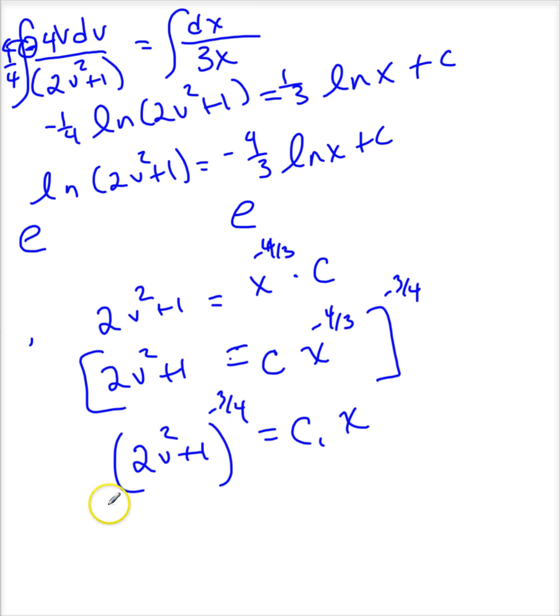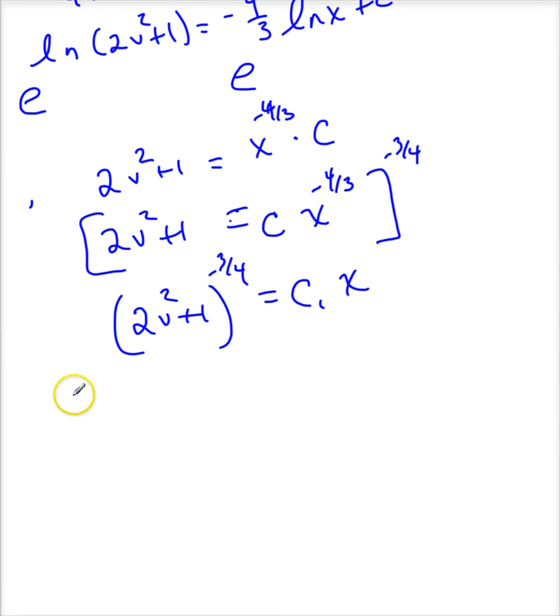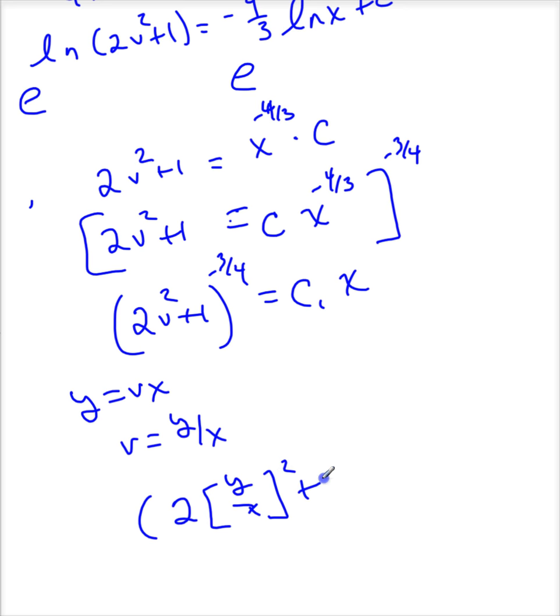We need to substitute back, and we know that if y is vx, then v is y divided by x. So substituting this in, we have 2y over x squared plus 1 to the negative 3/4 is cx.